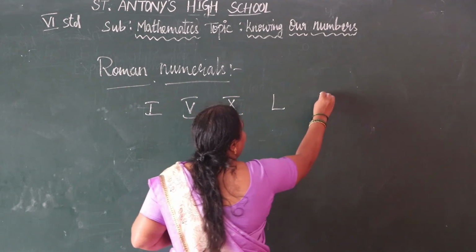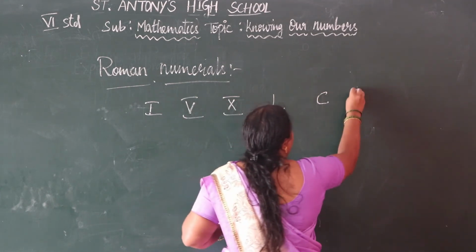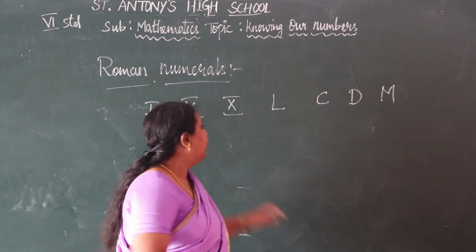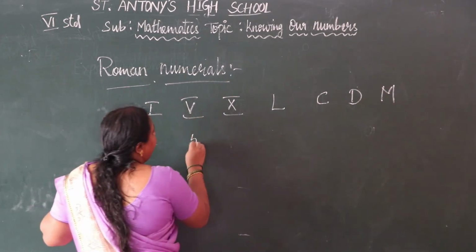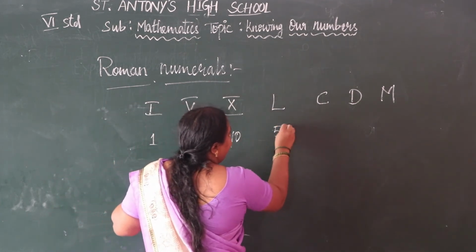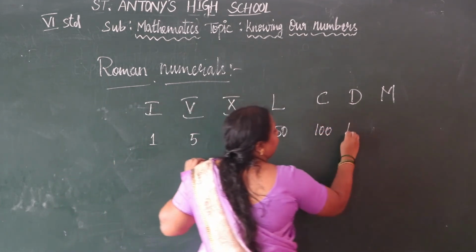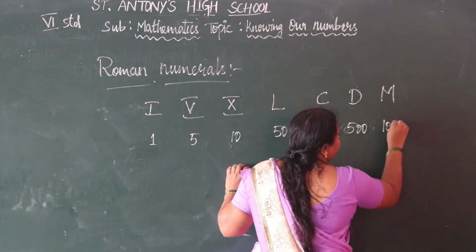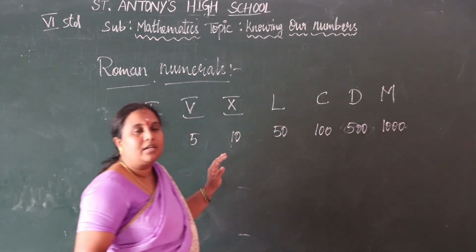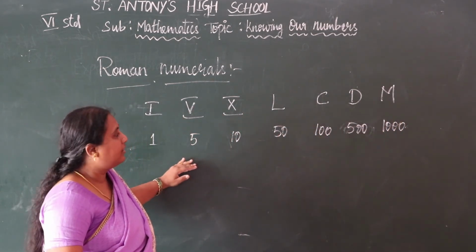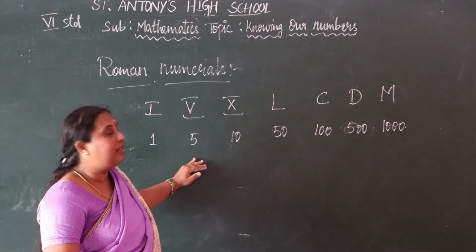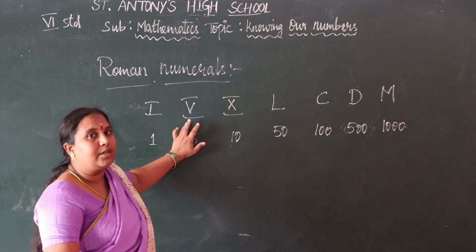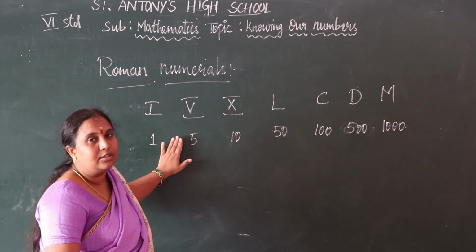Then 50, 100, 500 and 1000. Okay, see here, this is 1, 5, 10, 50, 100, sorry, 500 and 1000. These are the numerals used in ancient Rome, and we originated from these Roman numerals. Nowadays we are using the math numerals.